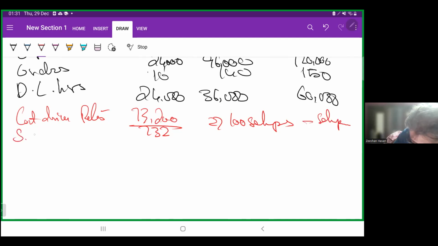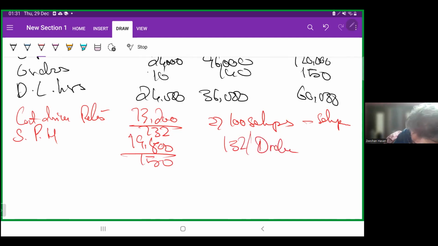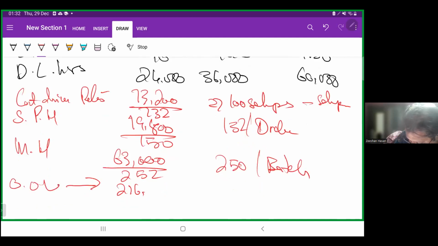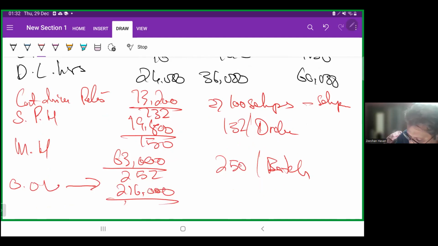Special part handling: 19,800 divided by 150, we will get 132 per order. Material handling: 63,000 divided by 252, we will get 250 per batch. Other overhead: 216,000 divided by 60,000, we will get 3.60 per hour.